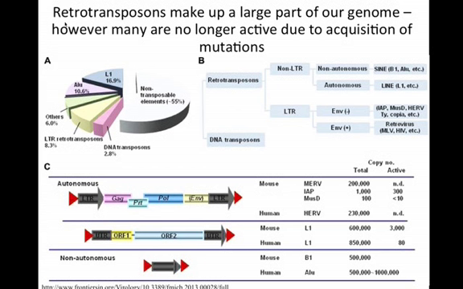LTR, ALU. I think it's supposed to be like 30% or something like that. But many of them are no longer active in humans. So there are all these jumping DNA sequences that have been great because they've basically been responsible for the diversity in our genome, and probably the evolution to, I don't know, Homo sapiens.